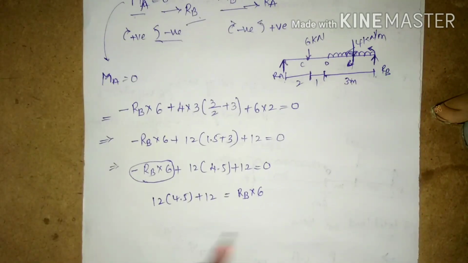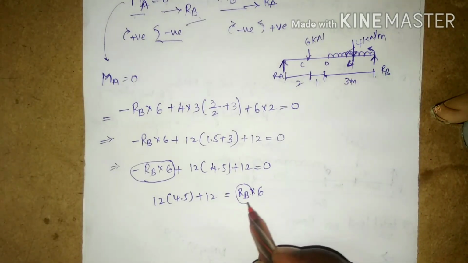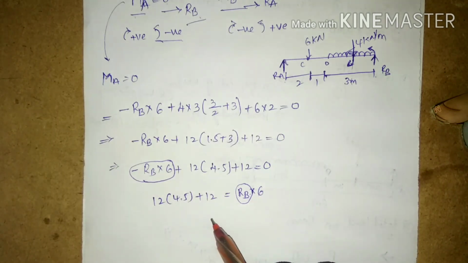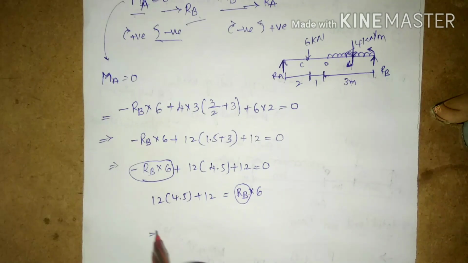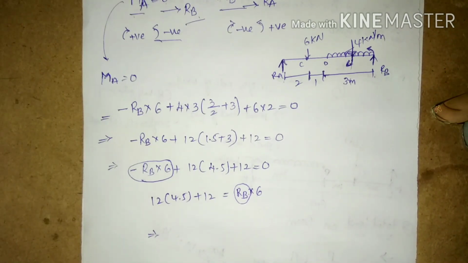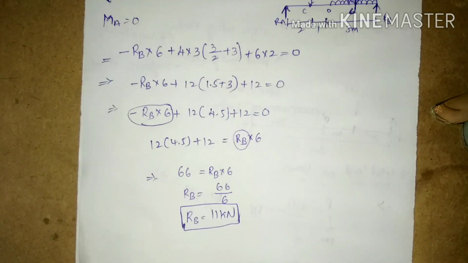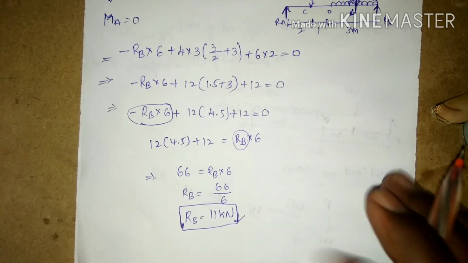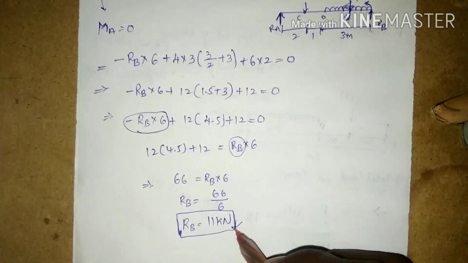Leaving RB on the RHS and taking the 6 to the LHS, after simplification the value of RB is equal to 11 kilonewtons.